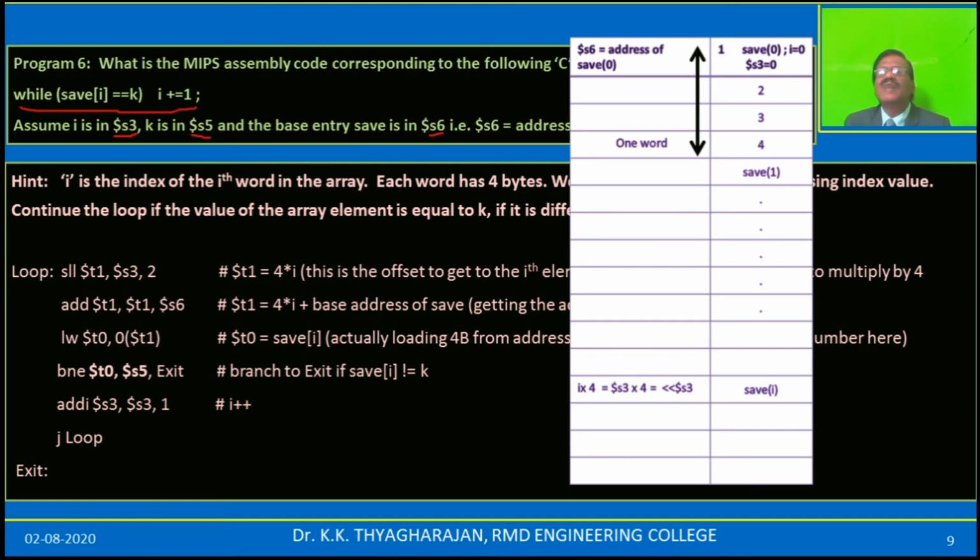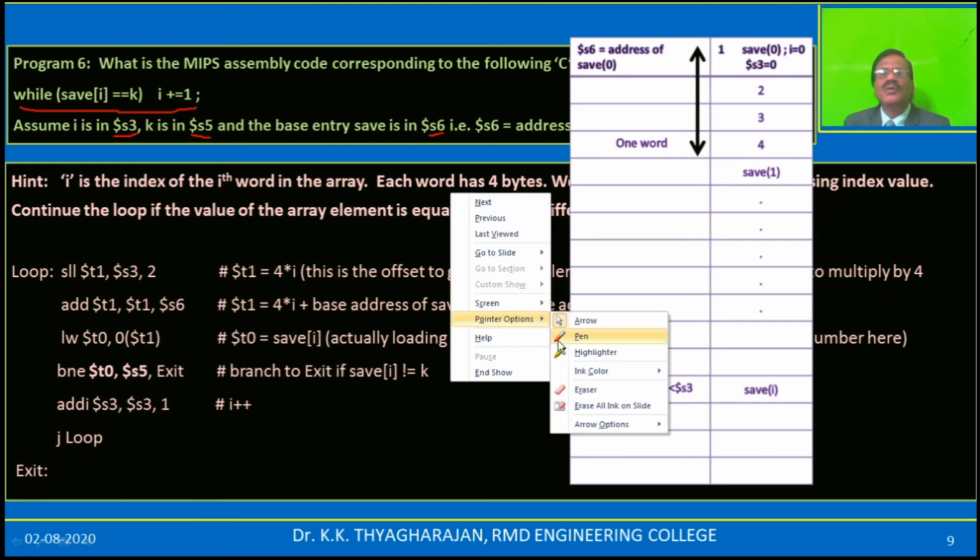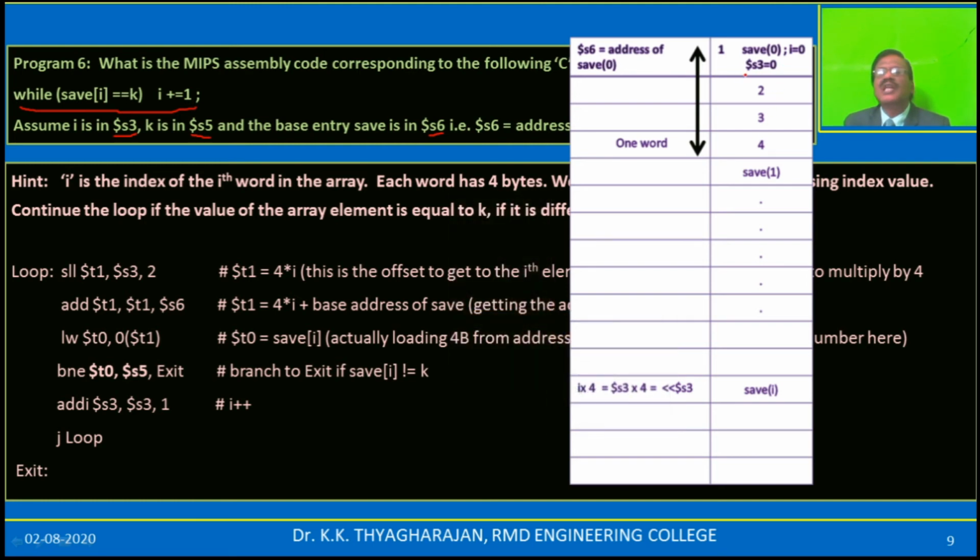That index value is stored in S3. Already it is specified as I. Index value is I, that is 0 for the first element in the array, and that value is stored in S3.